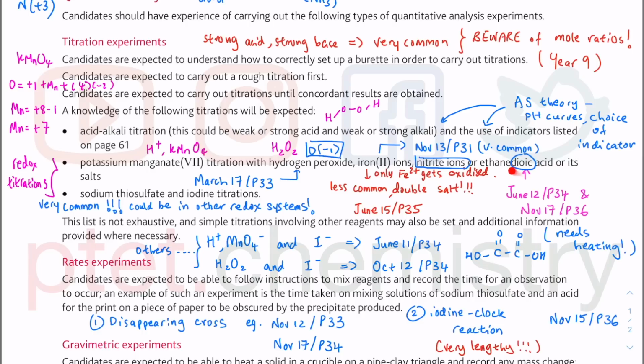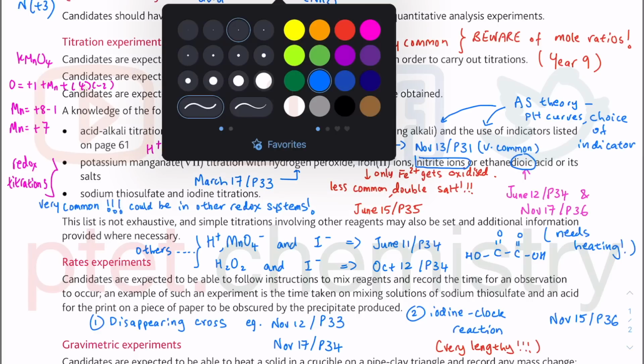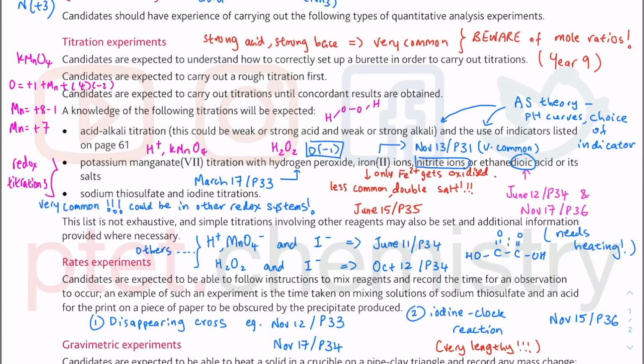We are doing a redox titration where we are going to oxidize this ethanedioic acid by totally breaking this carbon-carbon covalent bond, and we'll break the OH covalent bond and get carbon dioxide and water. We'll talk about this using these two examples, the June 2012 paper 3.4 as well as November 2017 paper 3.6.